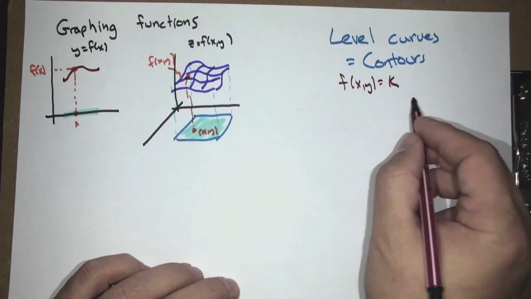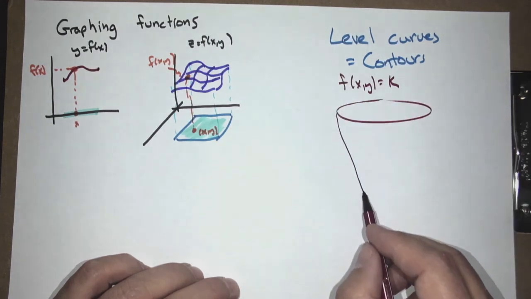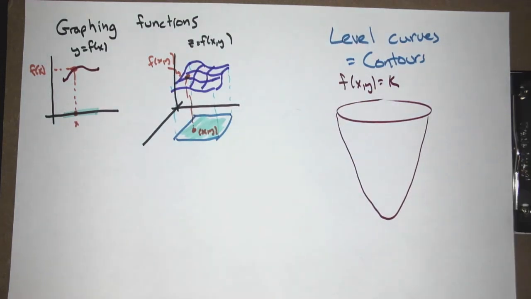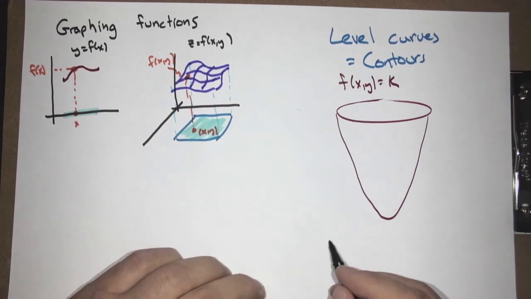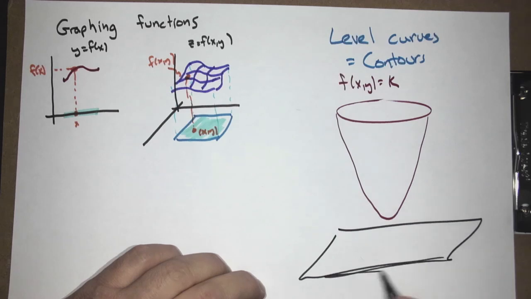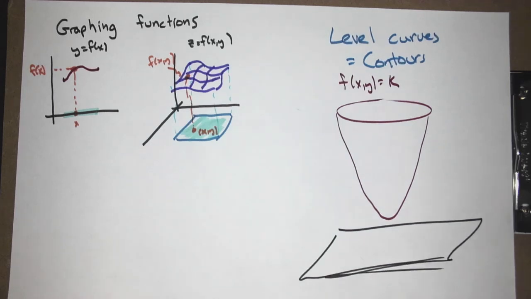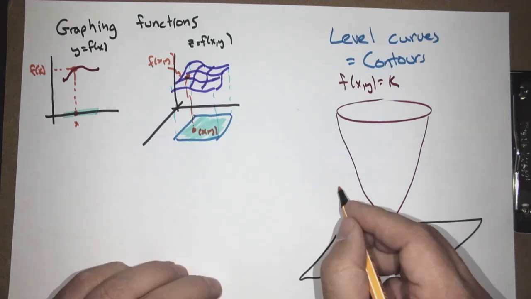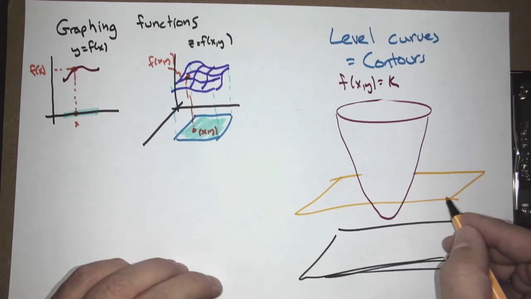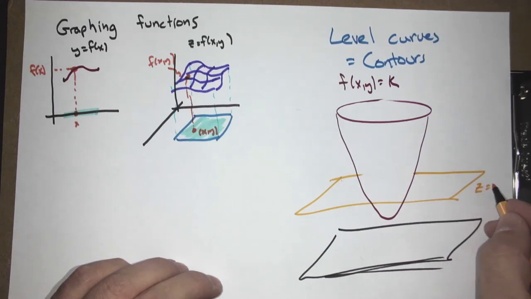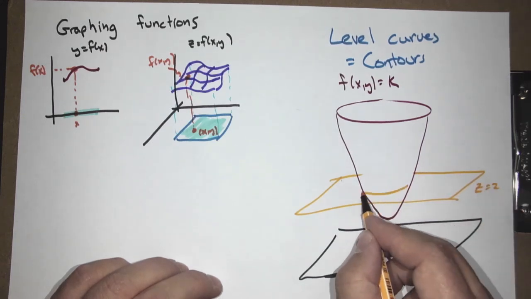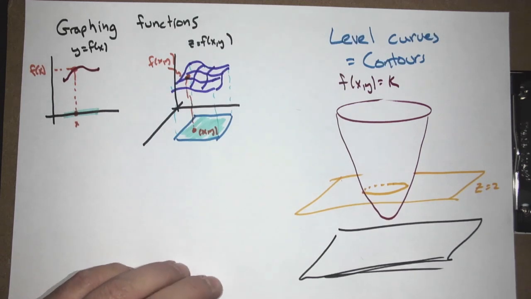So you can imagine that maybe we have something that looks somewhat like a bowl. And down here we'll have our plane, and now we slice. We'll slice at some level, say this is z equals 2, and it will intersect that surface.